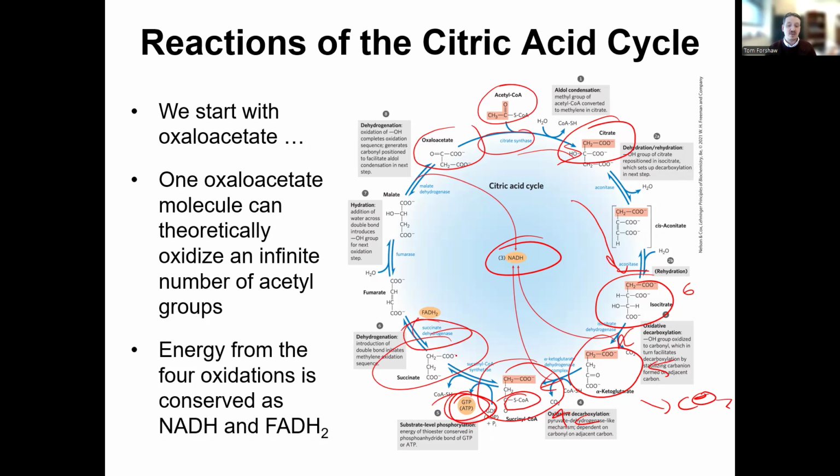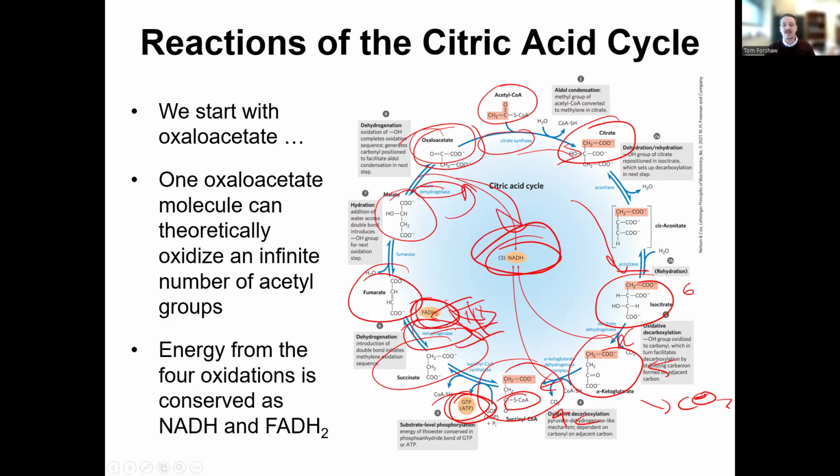And succinate dehydrogenase, which is the same as complex 2, I apologize, generates an FADH2 that feeds into complex 2, and that generates fumarate, which is hydrated to malate, which is then a final dehydrogenase reaction to restore our oxaloacetate, and dehydrogenation generates our NADH, and we can go around the cycle again.